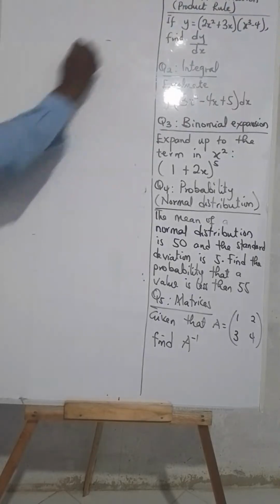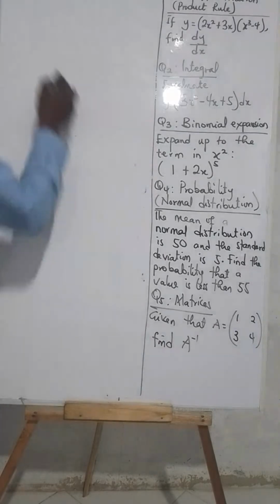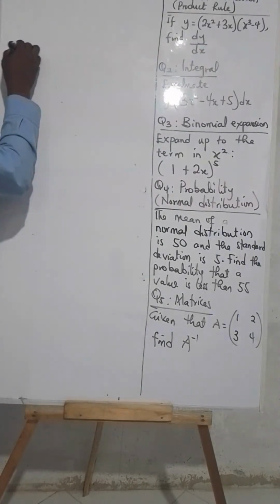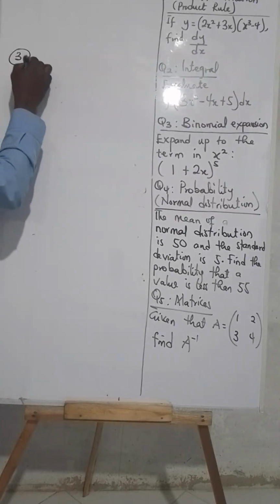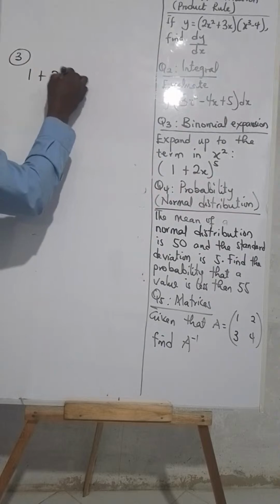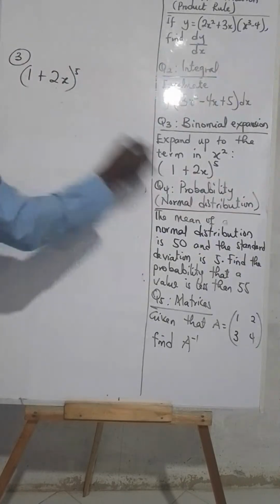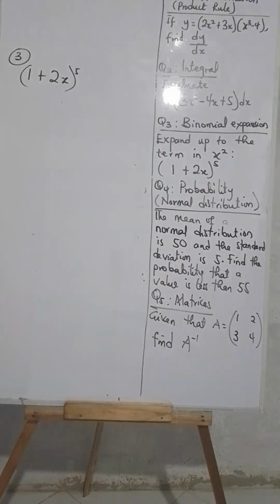Right. So here we are given 1 plus 2x all exponent 5. And remember, we are expanding it up to x squared.